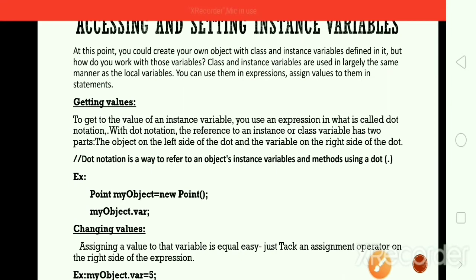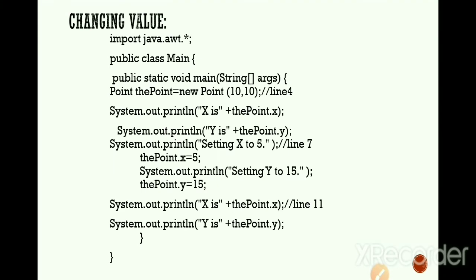Now we will see all of this with a practical program. This is the complete program for the topic accessing and setting instance variables. Changing values I also mentioned here. We will see it in this example program. It tests and modifies the instance variables in a Point object.